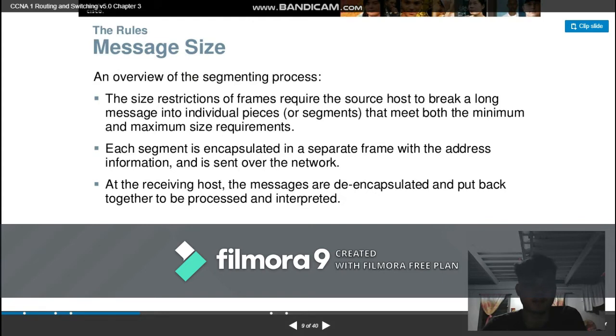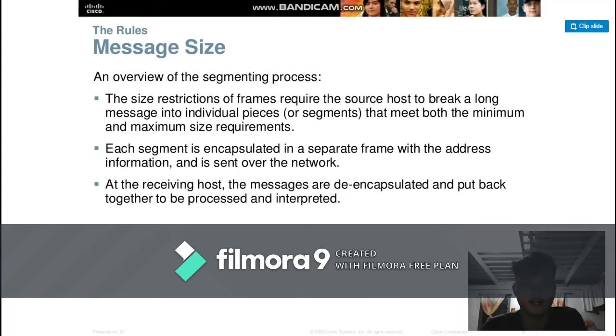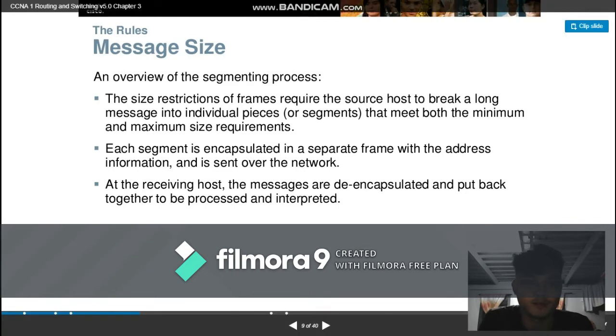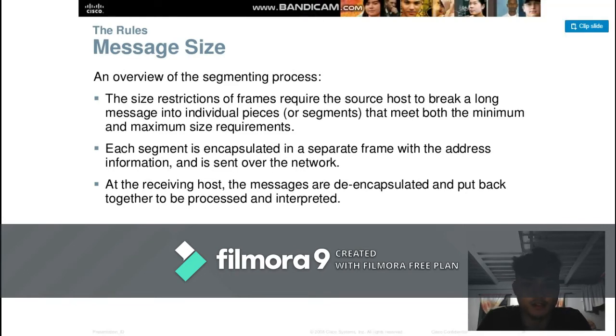So we have message size in chapter 3, an overview of the segmenting process. The size restriction of frames requires the source host to break a long message into individual pieces or segments that meet both the minimum and maximum size requirements.